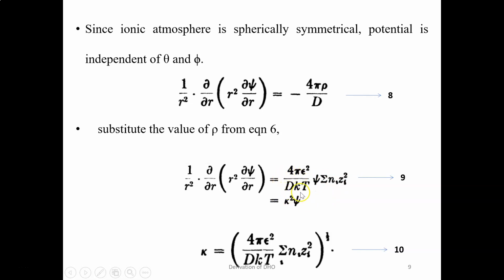So we can consider all these terms other than psi to be equal to kappa square. We are assigning these terms to be kappa square, and kappa is equal to root of 4 pi epsilon square divided by dkt sigma ni zi square. You have to remember this is an important term that will be discussed further in this session.